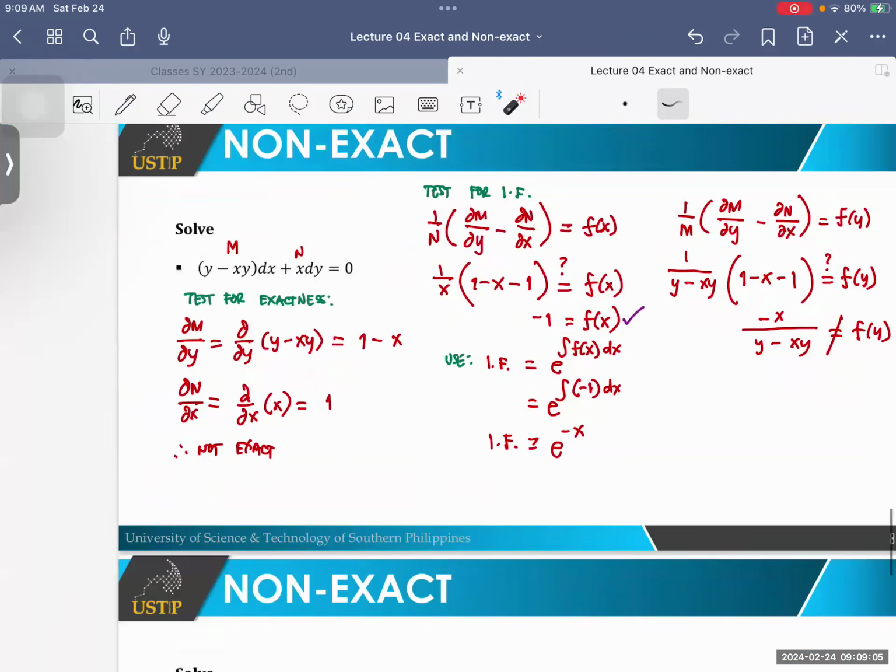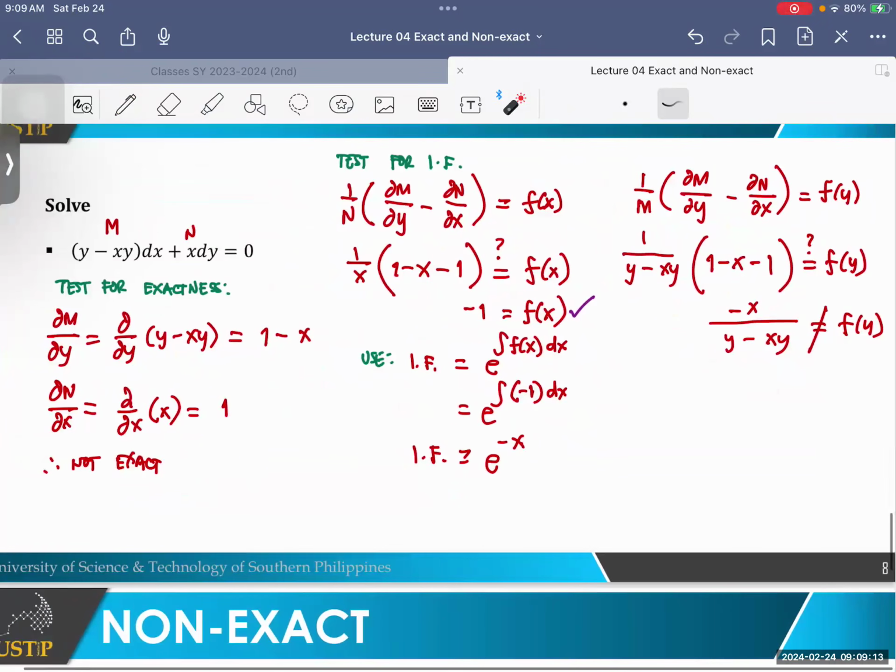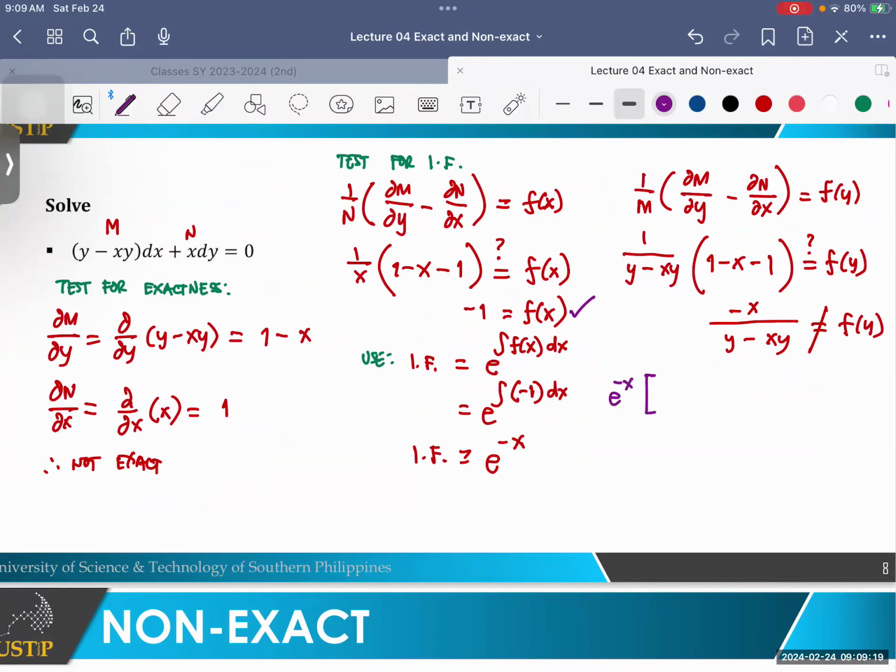So, karon atong i-multiply class. We multiply the integrating factor to our expression. So, integrating factor, ato lang i-reiterate, we have e to the negative x. Ato lang siyang i-multiply class sa imuhang y minus xy dx plus x dy is equal to 0.